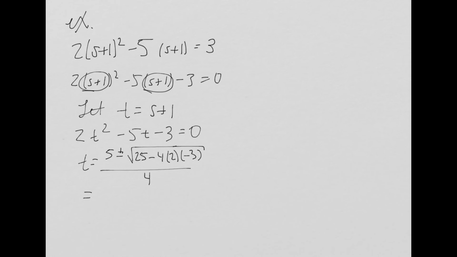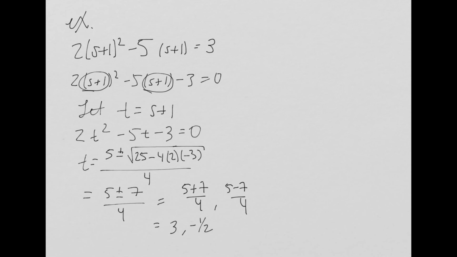I have 25 minus 4 times 2 times negative 3, which is 49. Well, the square root of 49 is 7. So that tells me that my answer is either 5 plus 7 over 4 or 5 minus 7 over 4. Well, 5 plus 7 over 4 is 3. 5 minus 7 over 4 is negative 1/2.